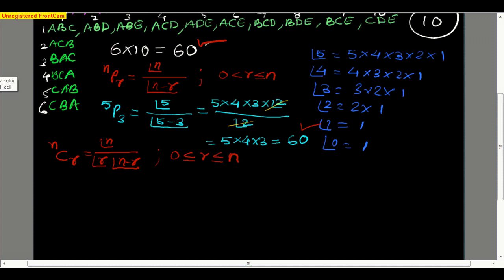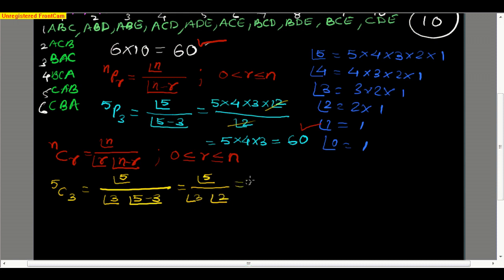Now here we put the values again. 5 combination 3 is equal to factorial 5 upon factorial 3 factorial 5 minus 3. It is factorial 5 upon factorial 3 factorial 2. It is 5 into 4 into factorial 3 upon factorial 3 into factorial 2, and factorial 2 is 2.